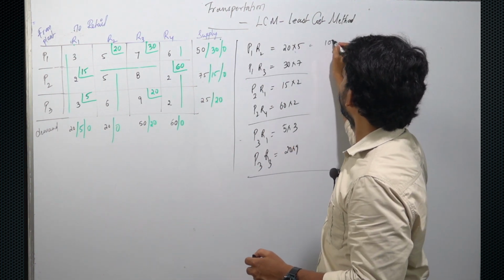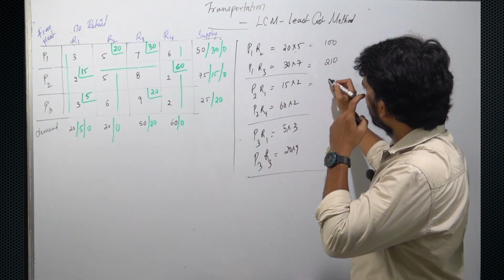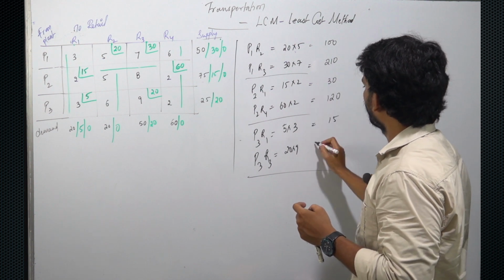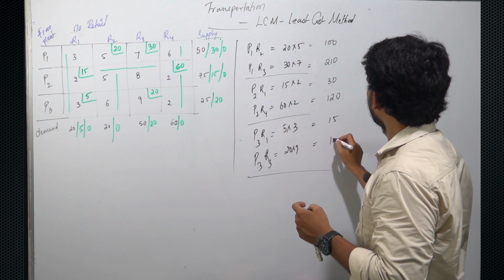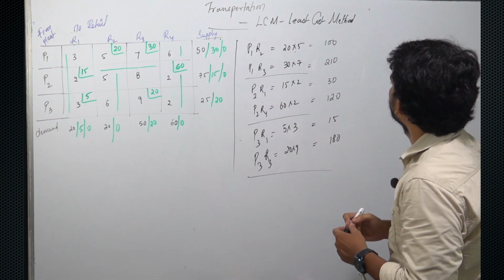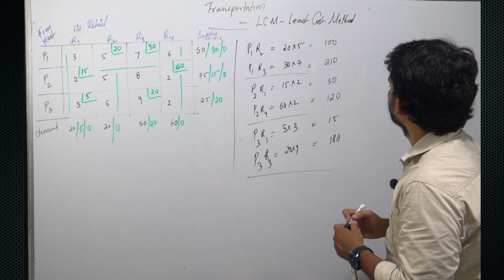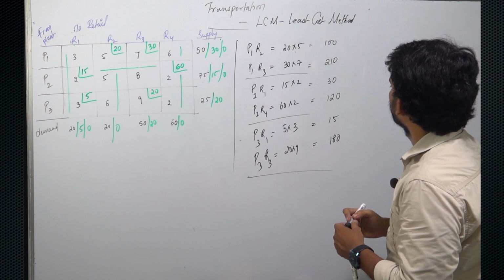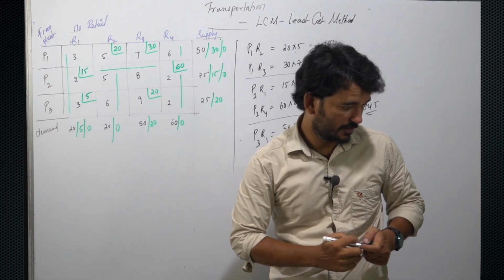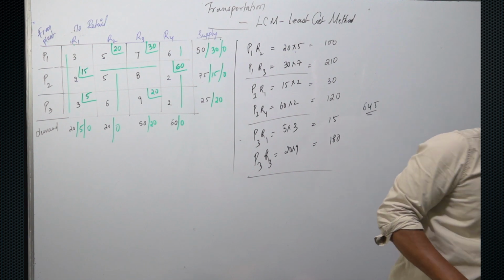So 100, 310, 340, 440, 460, 475, 655. If my math is wrong, correct me.